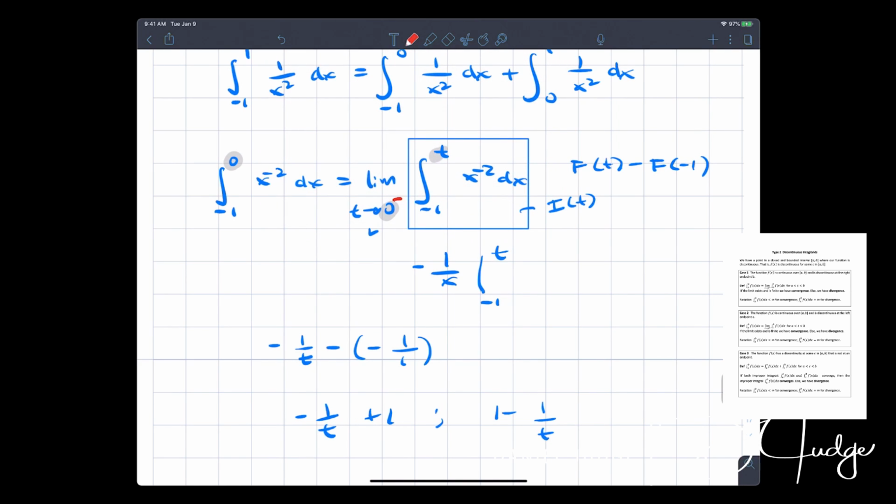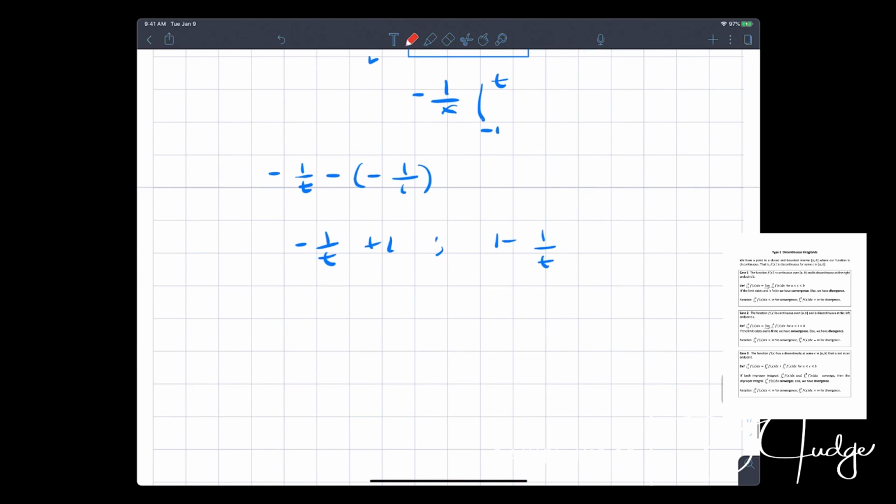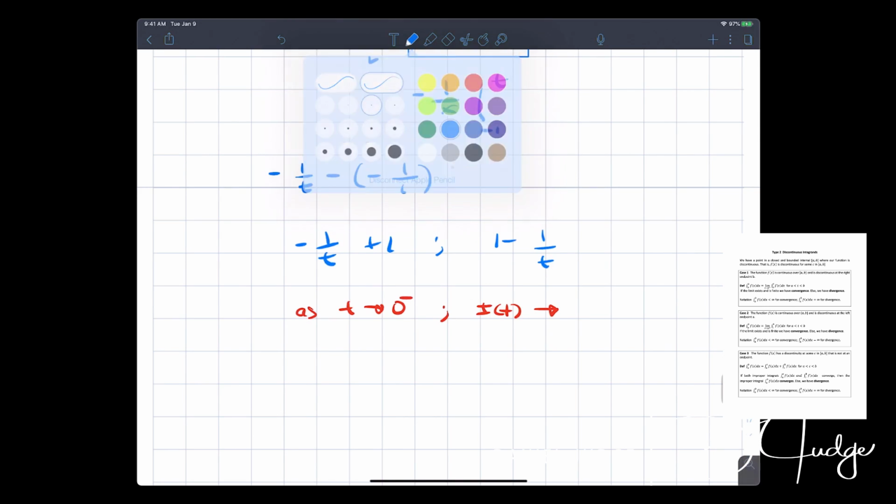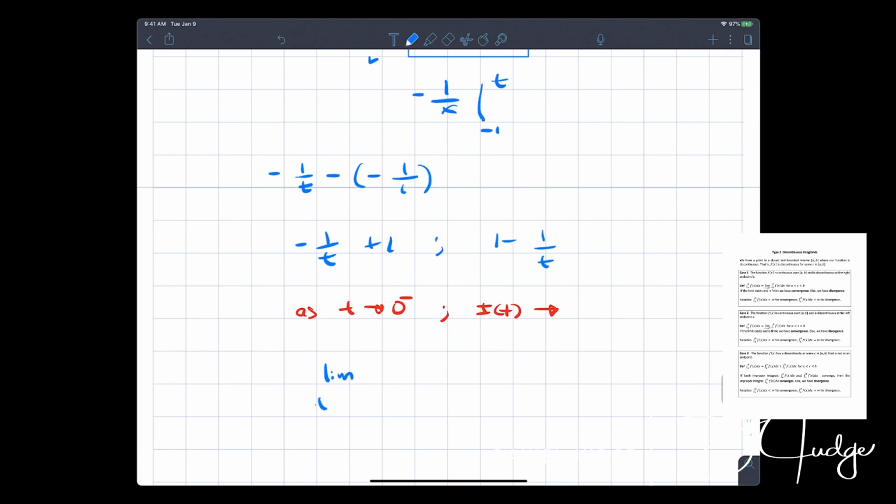So here's what we're going to say. As t goes to 0 from the left, where does I of t go to? The limit as t goes to 0 from the left of 1 minus 1 over t.